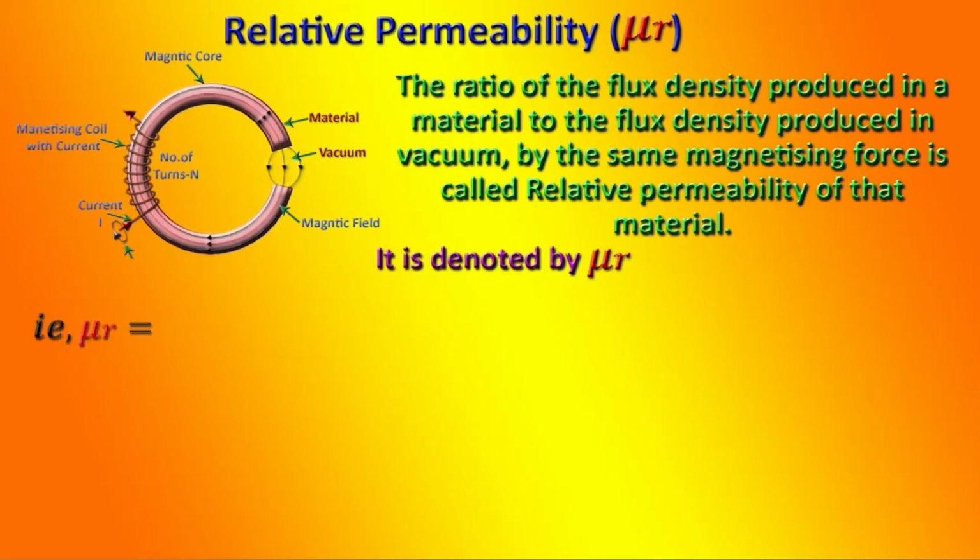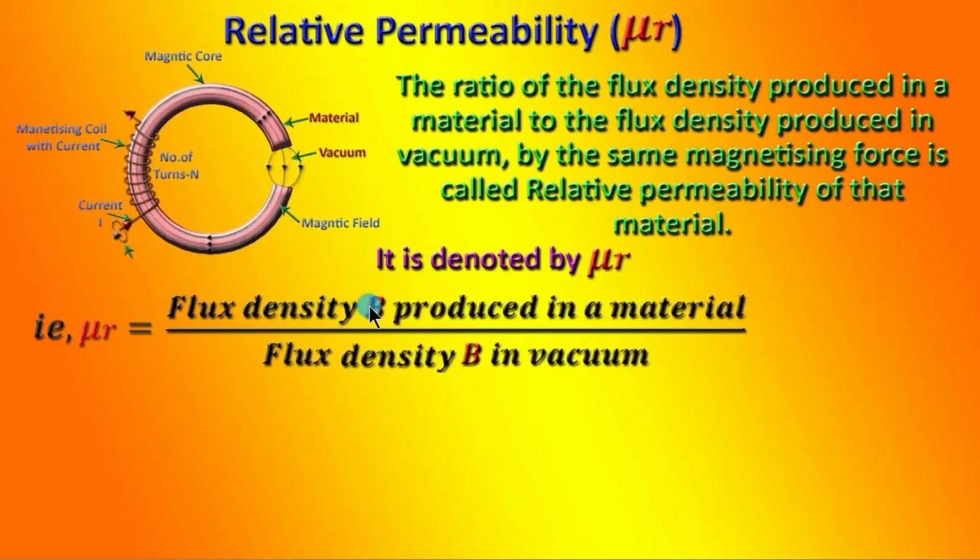That is, mu r is equal to flux density B produced in a material divided by flux density B in vacuum. We know that B is equal to mu into H. So, flux density produced in a material is equal to mu into H, and flux density in vacuum is equal to mu 0, that is permeability of vacuum, into H. Here, as H is a common factor, we can cancel H. So, this becomes mu by mu 0.